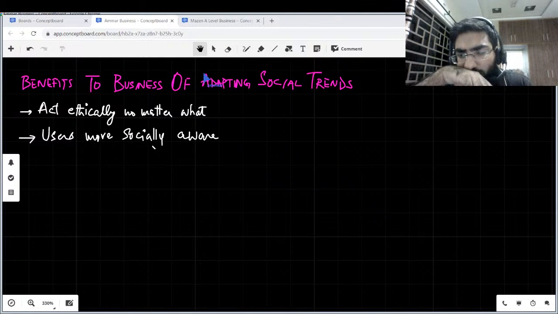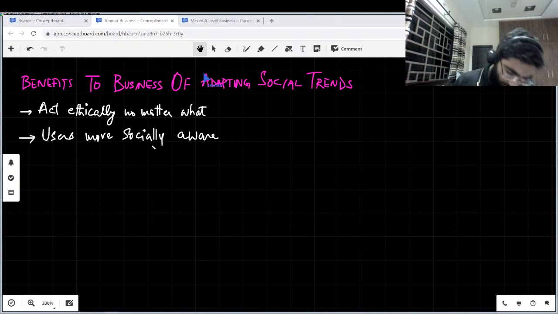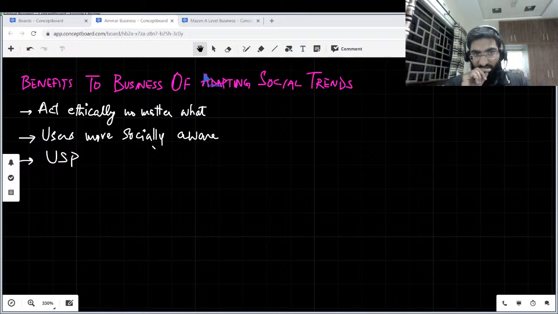Then you could build a USP around it: other businesses just produce the product, we not only produce the product, we are also ethically and socially aware. I don't know when you last visited, or if you ever visited, a L'Oreal shop, but people there love to tell you that no animals were harmed while making those products.